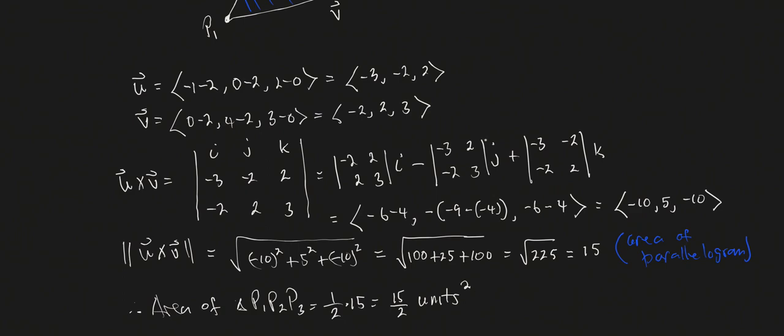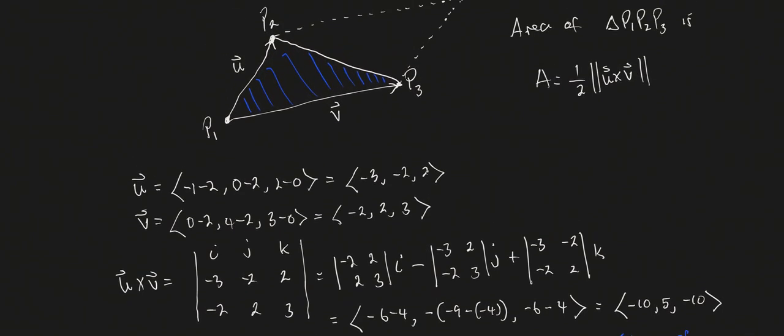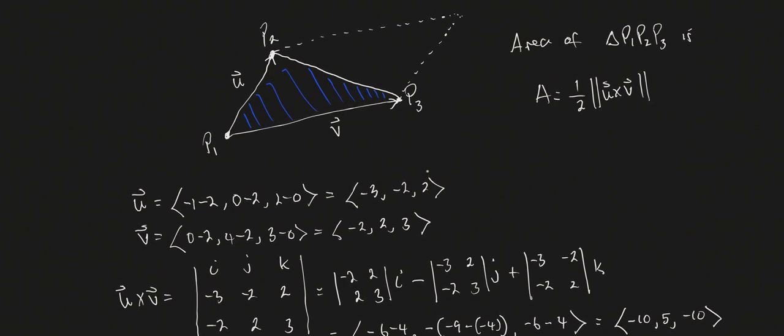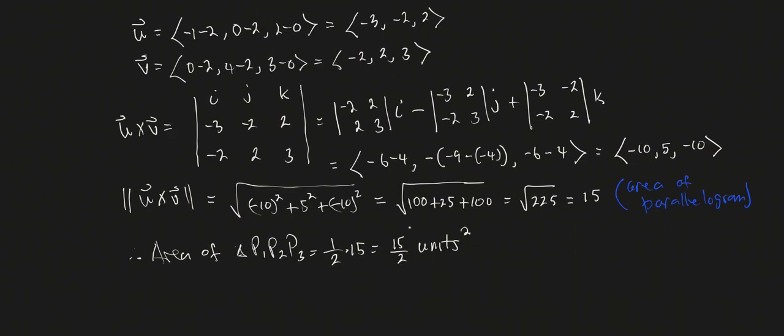I love questions like this because, apart from computing the dot product and doing some basic vector algebra, it hits on a lot of the things that we've done so far: finding the components of vectors, the cross product, and then the magnitude.